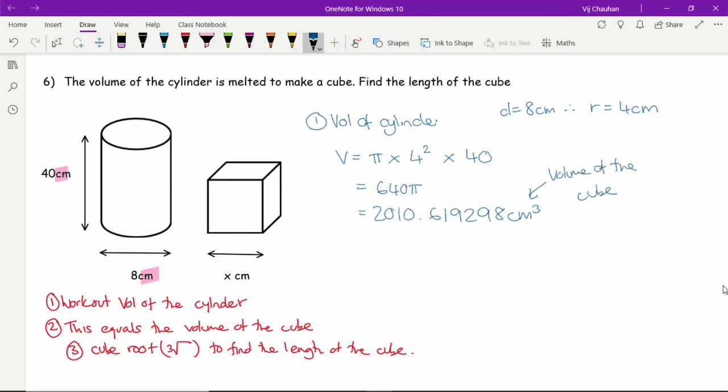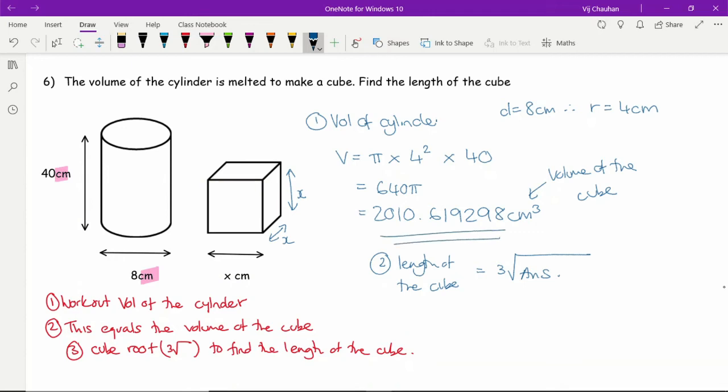What I then need to do is work out the length of the cube. Because in a cube all the dimensions are going to be the same, if the length is x, the width is x, the depth is going to be x, and the height is going to be x. So all I need to then do is cube root the answer, in other words, this number here.